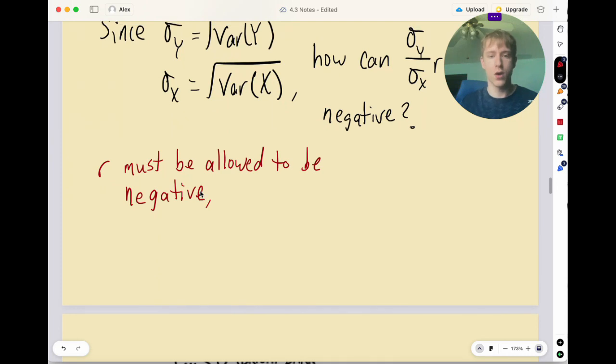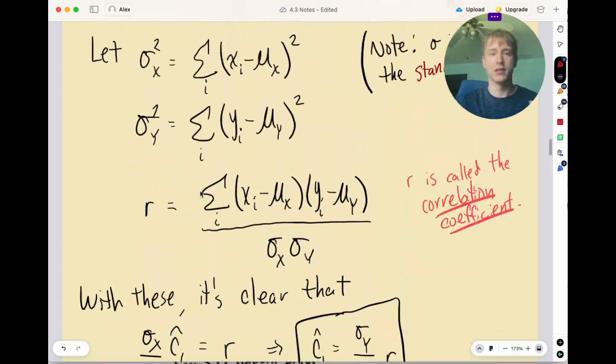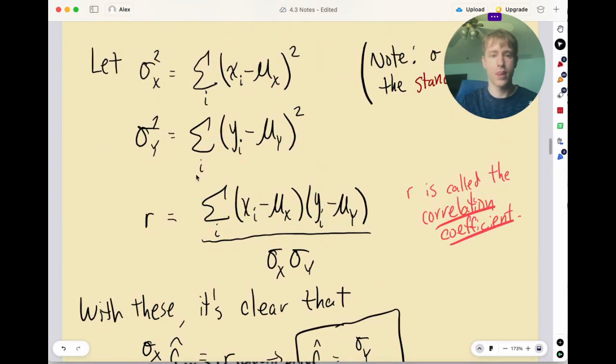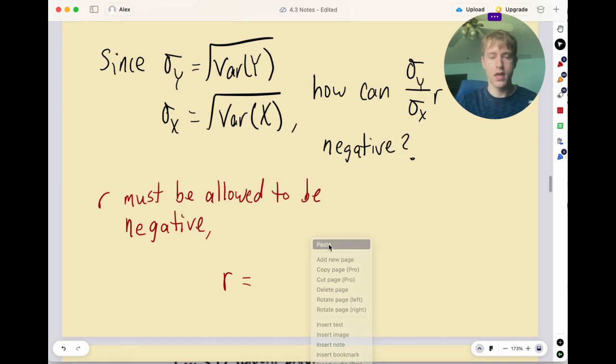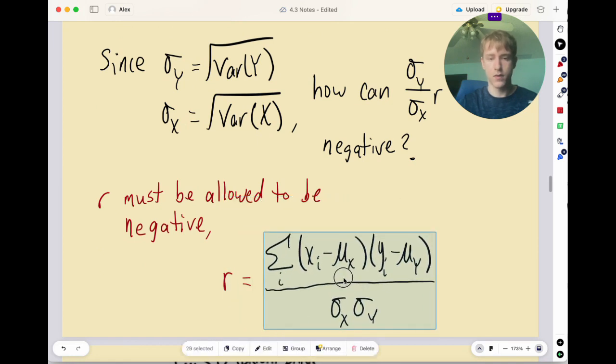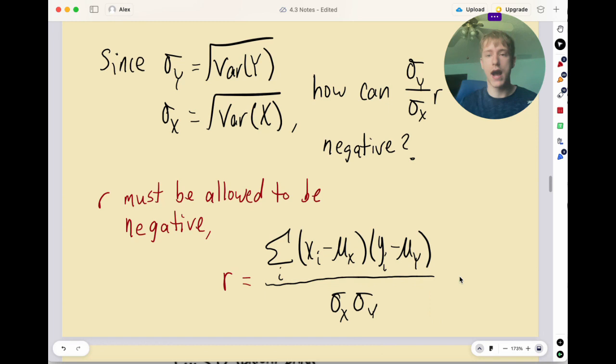And I'm just going to recall what r was. So r was, well, let's scroll up. It's this quantity. And that makes sense, right? Because sigma x and sigma y aren't negative, right?